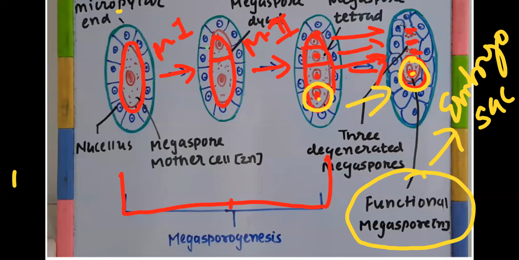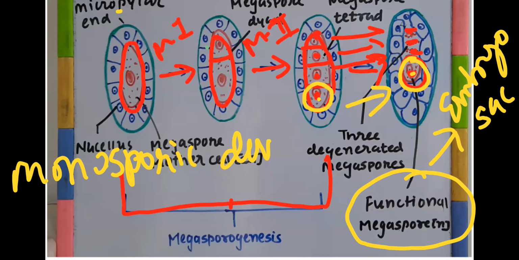This process is identified as monosporic development. Have you got it? One functional megaspore giving rise to an embryo sac or a female gametophyte is called monosporic development.